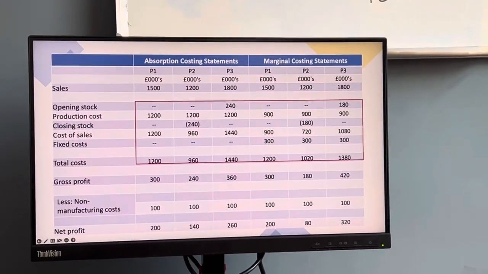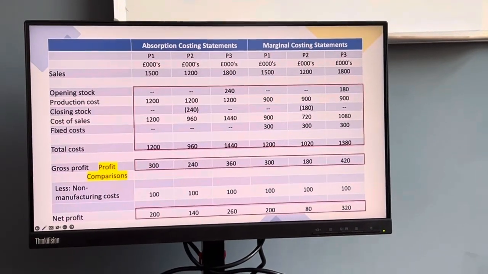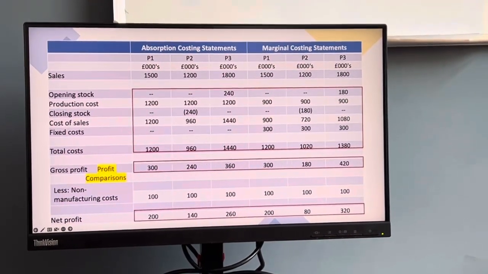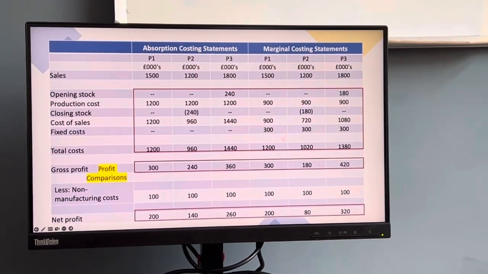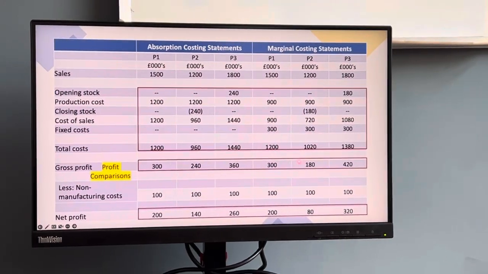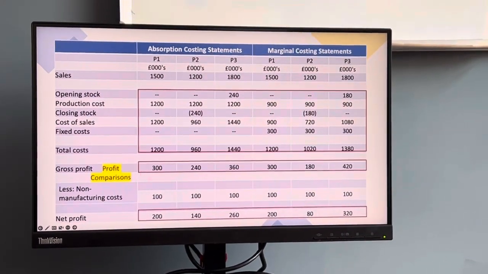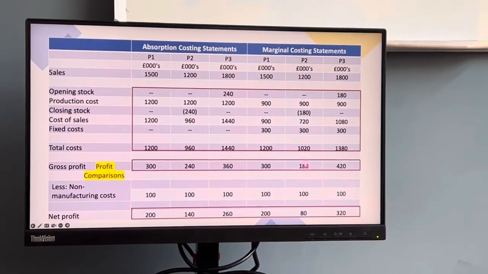Now we can have a look at the profits. Let's look at the gross profits. Look at period 1 here. We have the same profit in period 1. In period 2, they're different.